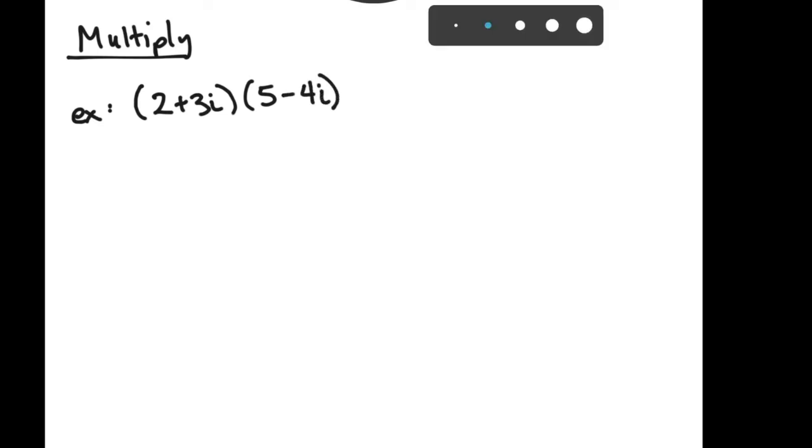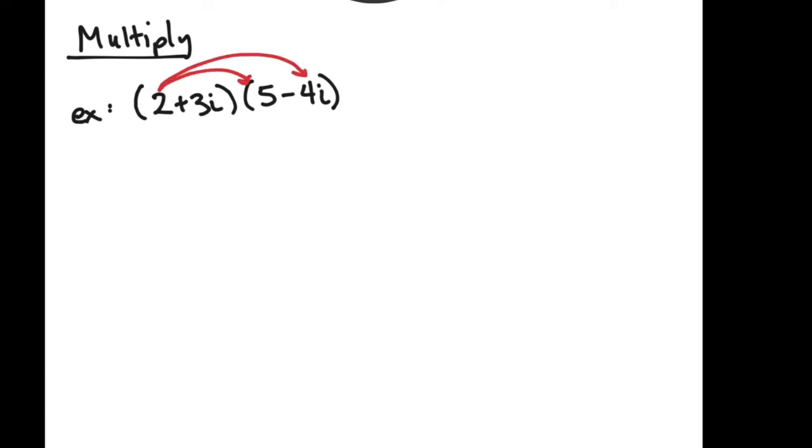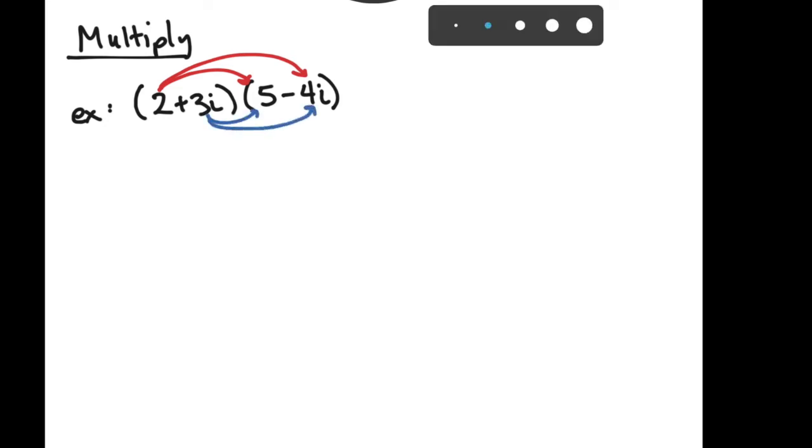What if we multiply imaginary numbers? Let's say I had 2 plus 3i times 5 minus 4i. Well, we are actually using the distributive property. So we're going to multiply both of these by 2, and then we multiply both of these by 3i.